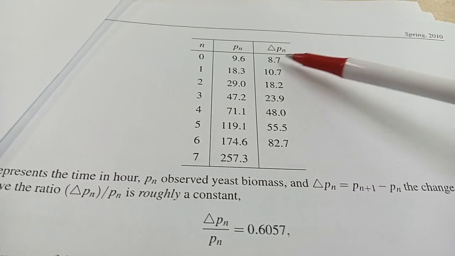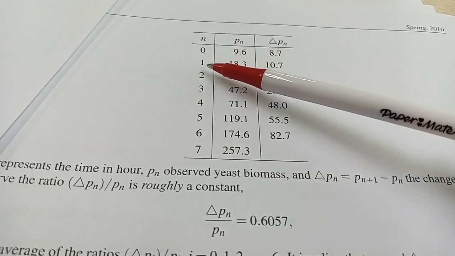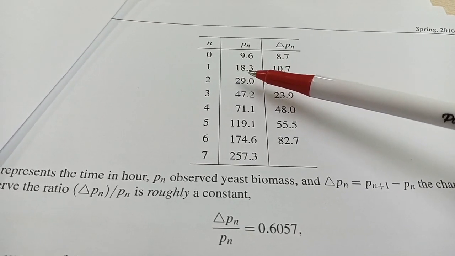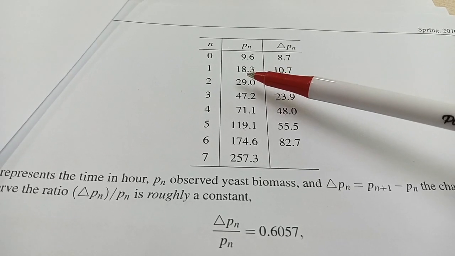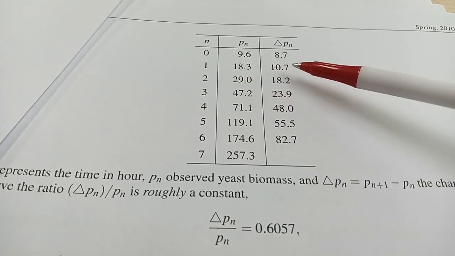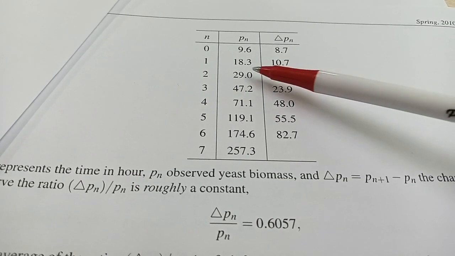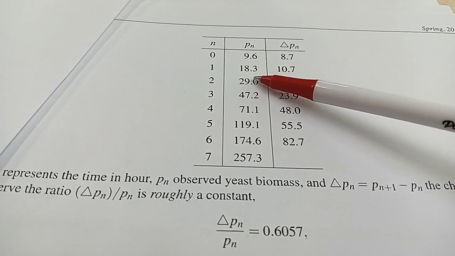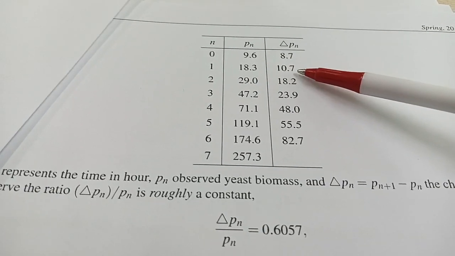Then in 1 hour, the growth becomes 18.3 grams, and the change here would be 8.7, the difference between 18.3 and 9.6.